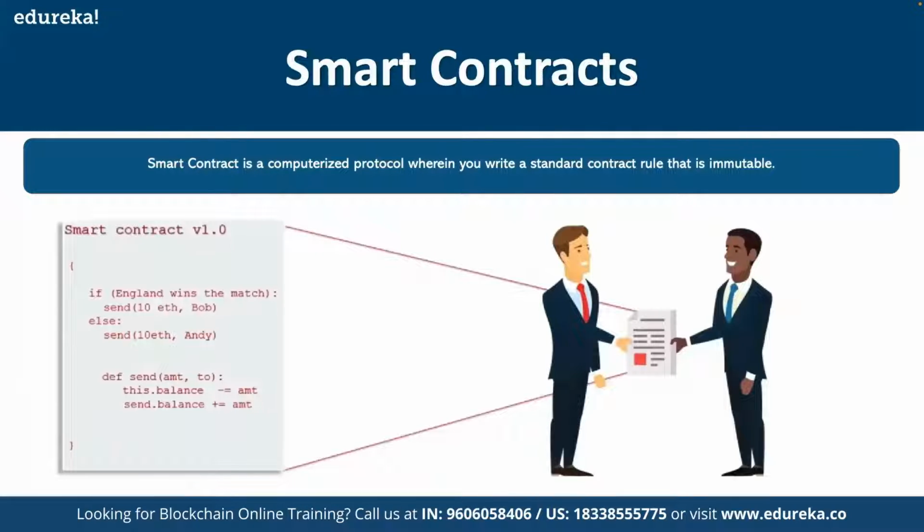So I can say that it can be defined as a contract that self-executes and handles the enforcement, management, performance, and payment, which is a computerized protocol wherein you write a standard contract rule, which is immutable. Okay, that's what we call a smart contract. To give you an example, if England wins the match, send 10 Ethereum to Bob, and else send 10 Ethereum to Andy. Okay, so this is an example of a smart contract.